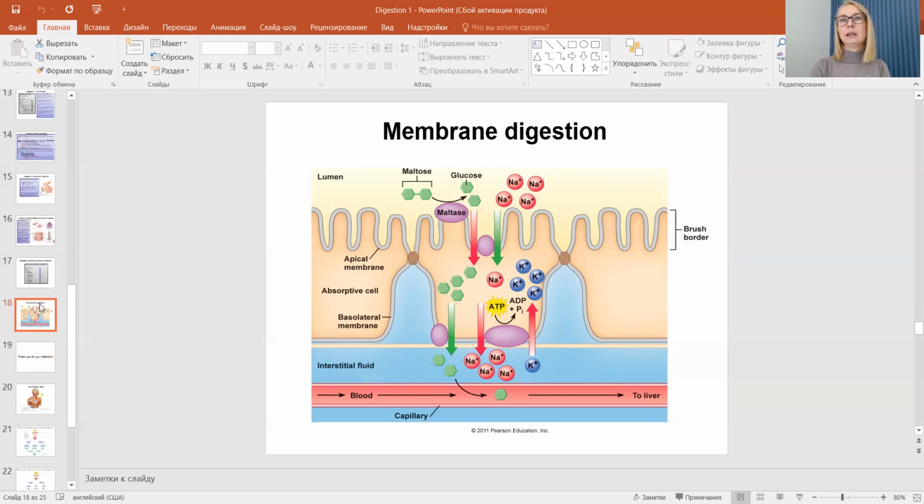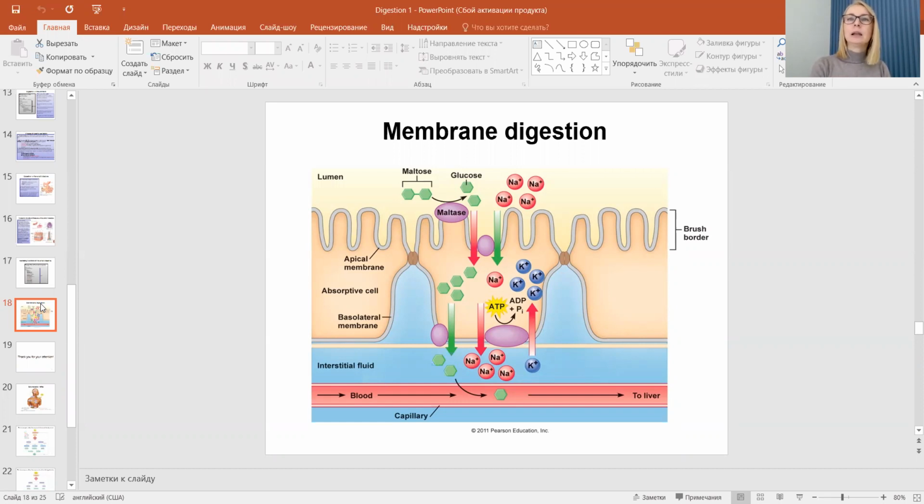Proteins are broken down into small peptide fragments and some amino acids, and carbohydrates are reduced to disaccharides and some monosaccharides. Thus, fat digestion is completed within the small intestine lumen, but carbohydrate and protein digestion have not been brought to completion.